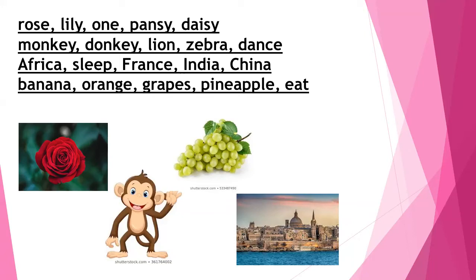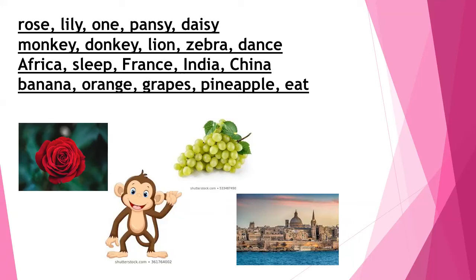In the next line, you have been given some countries' names. The countries' names like Africa, sleep, France, India, China. Which one is not a noun here? Which one is not a country name here? Tell me. Yes, sleep. Sleep is not a noun here.